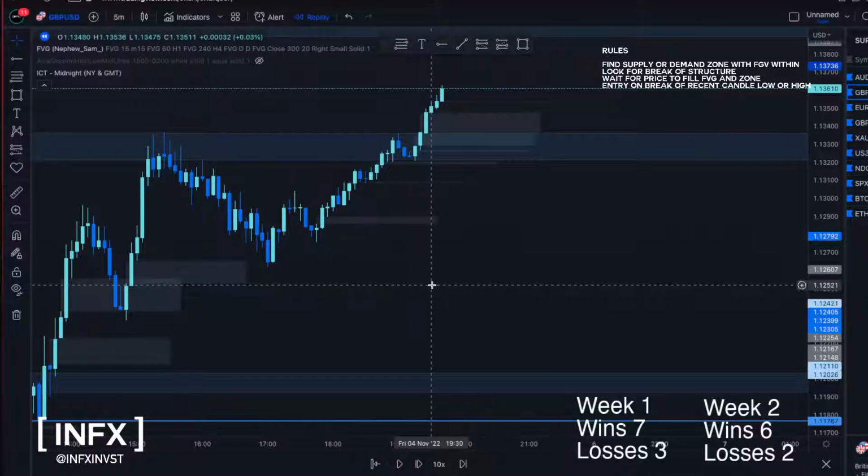Got a really crappy percentage when it's not just made up to 10. So we took 8 trades this week. In week 2 we got 2 wrong, 6 right. 75%.